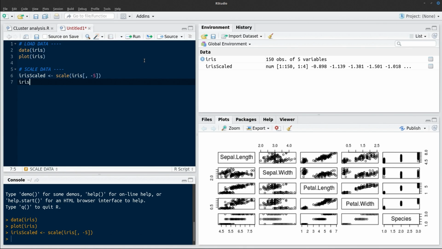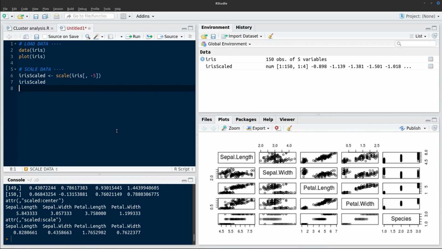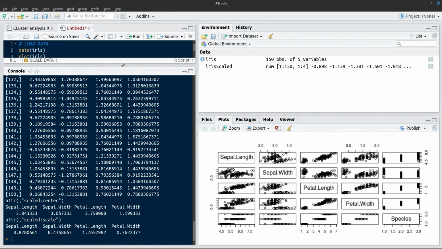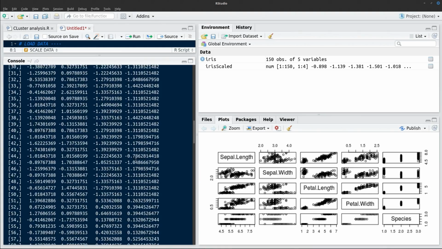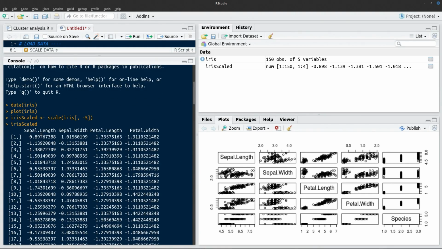And now if we take a look at our new data frame, you can see that we just have our four continuous variables and that they've been scaled, and so their values will sort of hover around 0 as they've been mean subtracted, and they're now in z-scores.